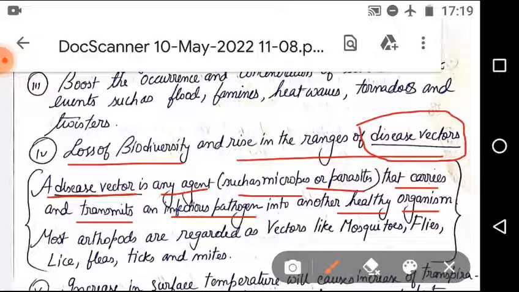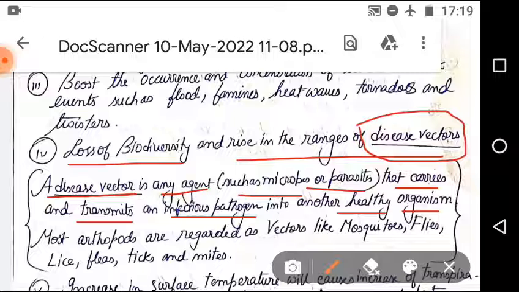So vectors are actually carrier organisms here. Those who are from a biotechnology background, and those from BMLT, can also know about the vector. A vector is a living organism which carries the disease, which carries the germs, and infects a healthy individual. It may be a plant, it may be any healthy organism.